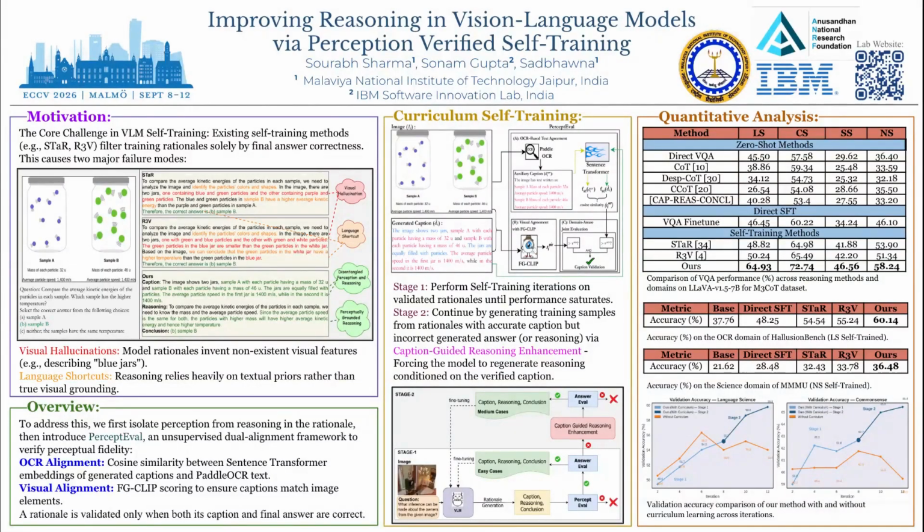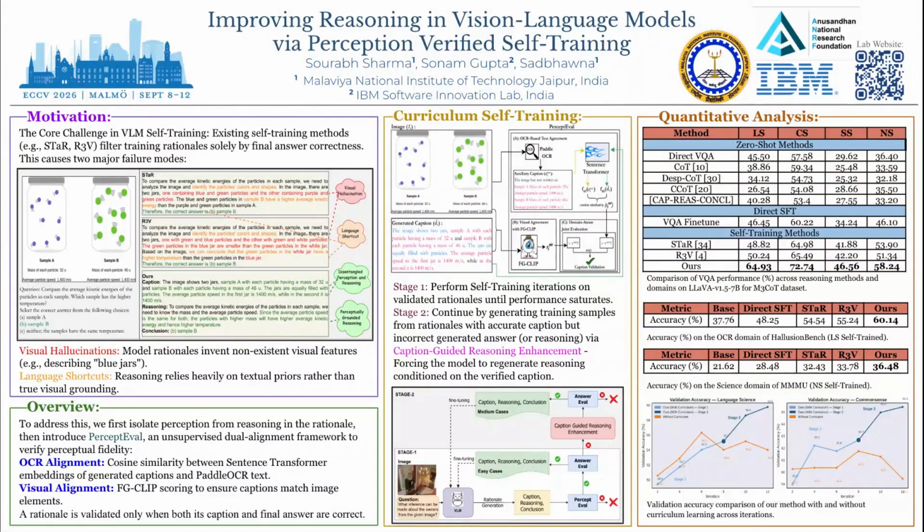Language science consists of text-heavy images, and the OCR domain of hallucinations also has text-heavy images, so this is a kind of out-of-distribution result. For the second table, we used the models trained on the natural science domain and presented their results on the science domain of MMMU. In both tables, you can see our method has performed the best across all the other baselines.